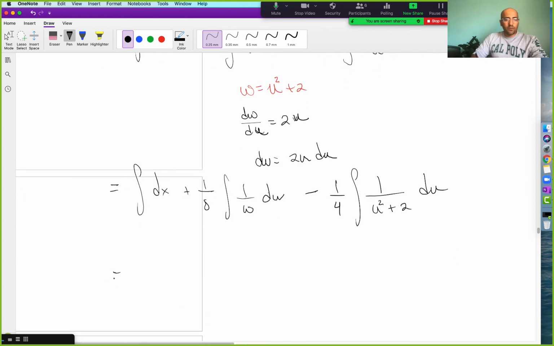Okay, so this should just be equal to x plus 1/8 ln of w minus 1/4, and this should be our tan inverse function.